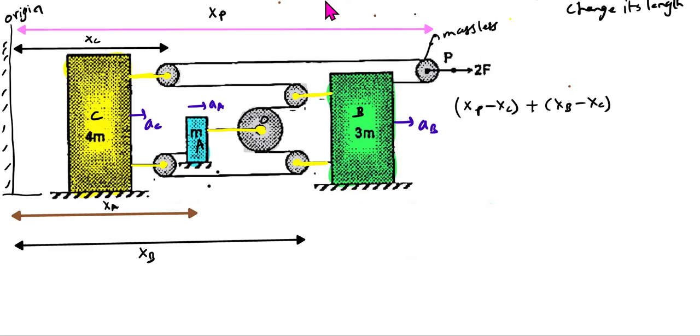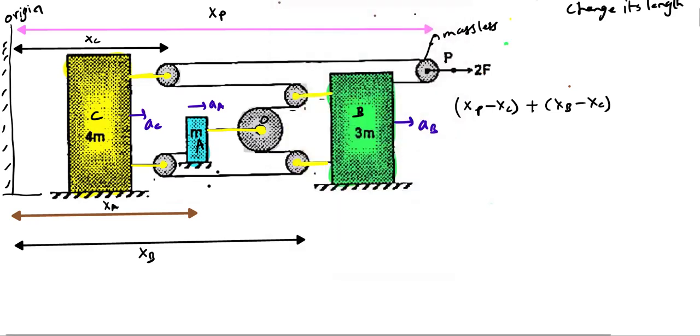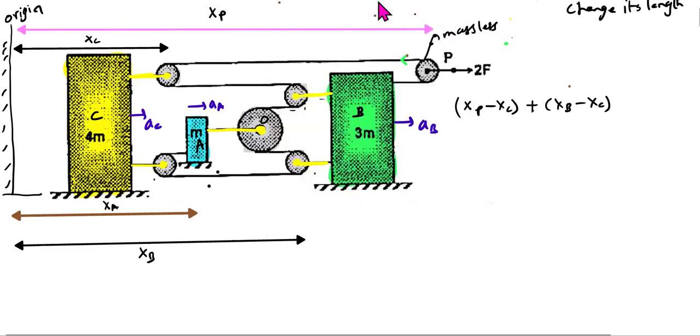Then what should be the force on different parts of the string? The force acting on different parts will be tension. I'll take the tension as T, or rather, better call it F. This particular pulley is massless, so the net force on it should be 0.